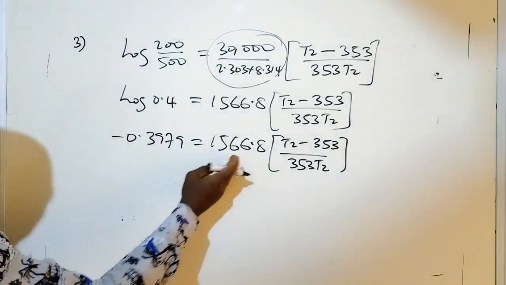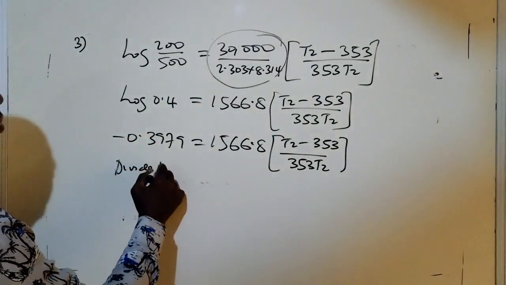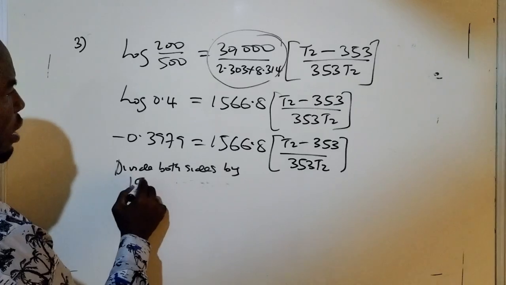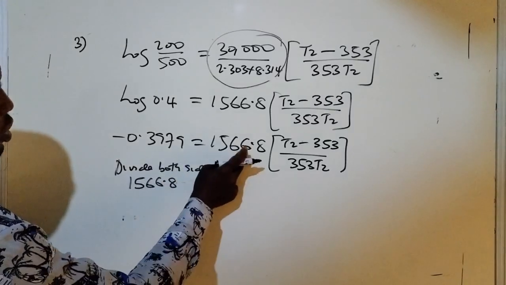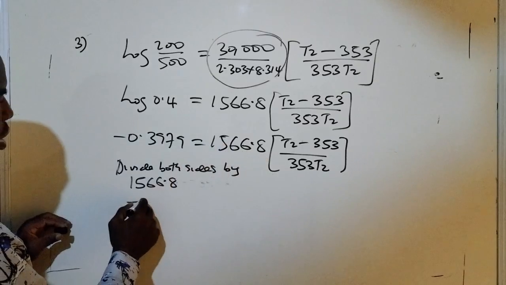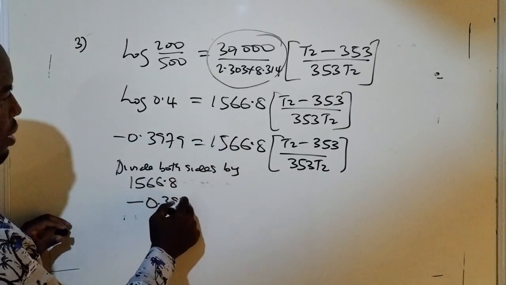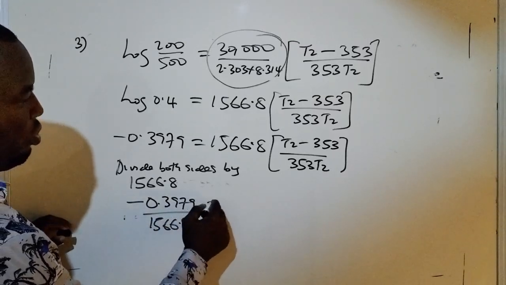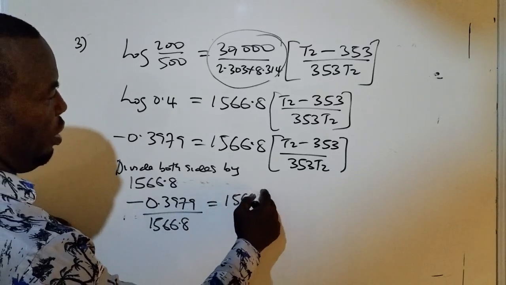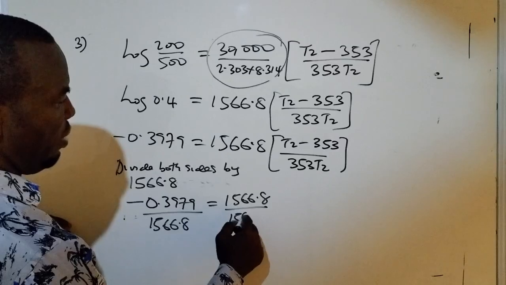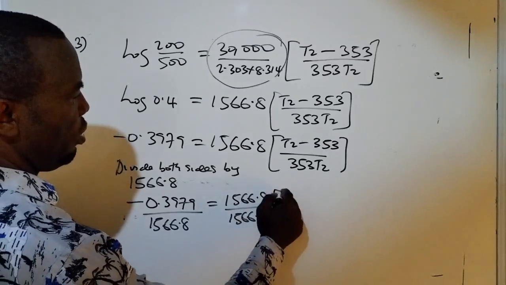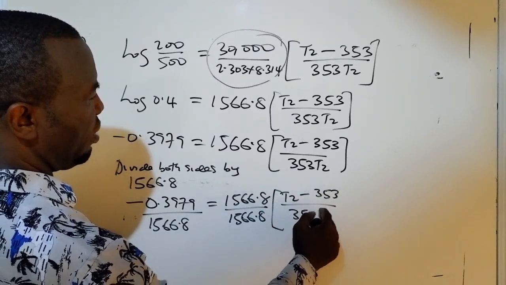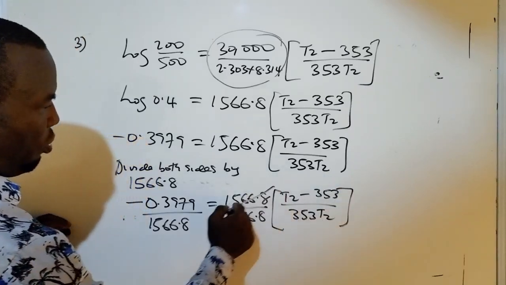Or you divide both sides with 1566.8, so that this will vanish from this side. So have minus 0.3979 all over 1566.8 equal to 1566.8 all over the same 1566.8, bracket opens, T2 minus 353 all over 353 T2. So this cancels out.